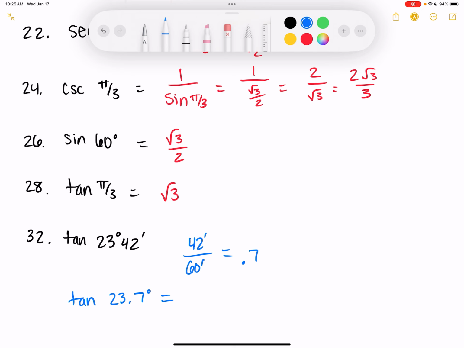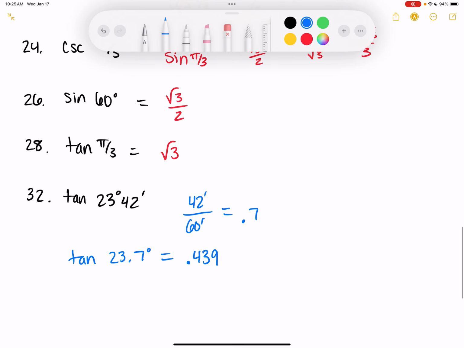They go to 3 decimal places in the book, so we'll just do that. 0.449.